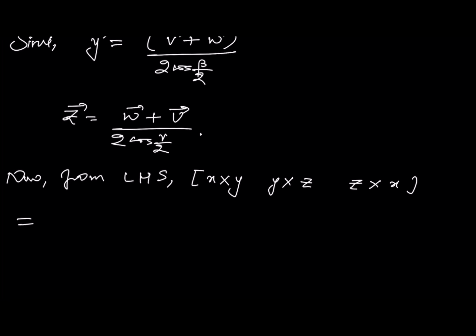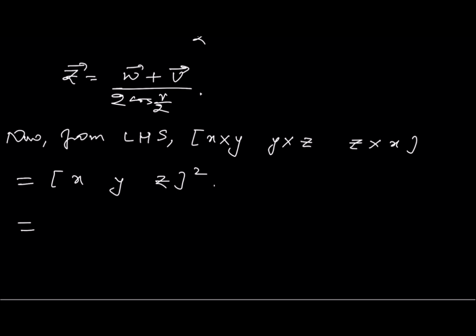Now this box can be written as box of x, y, z whole square, and I am having x, y, z in terms of u, v, w, so I can place this in place of x, y, z.